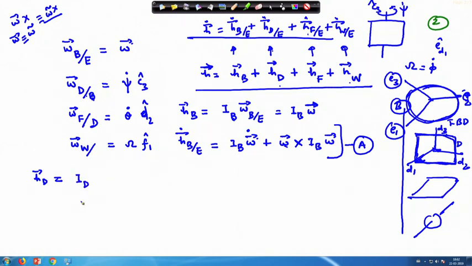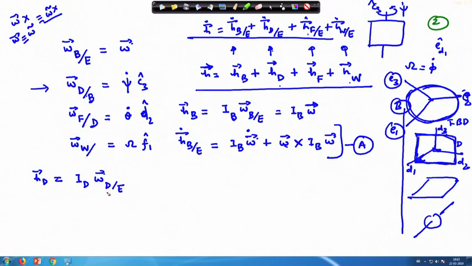So, I can write it like I d times omega d cross E. Here see the difference, this is d cross B. This is with respect to B.